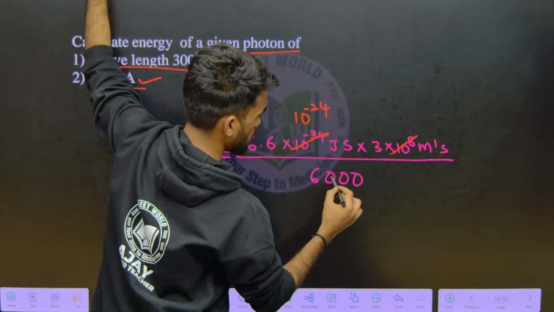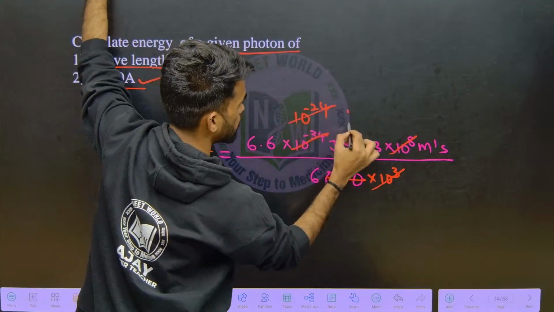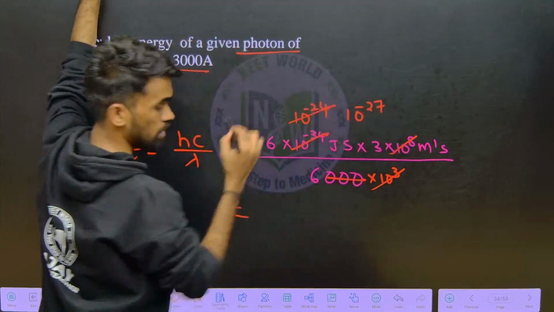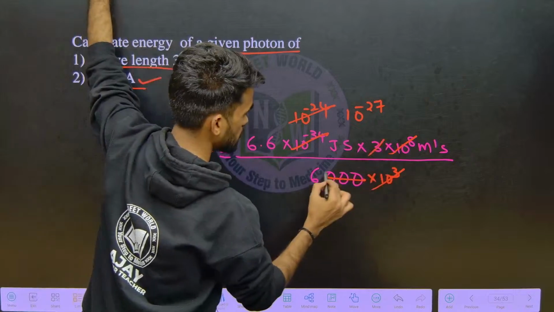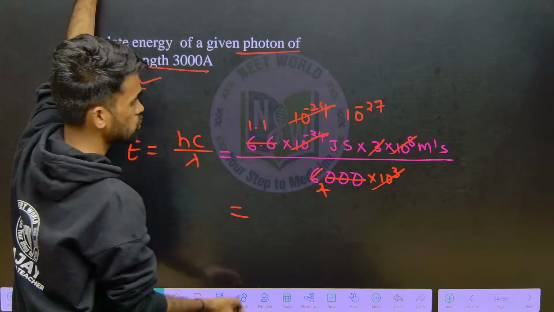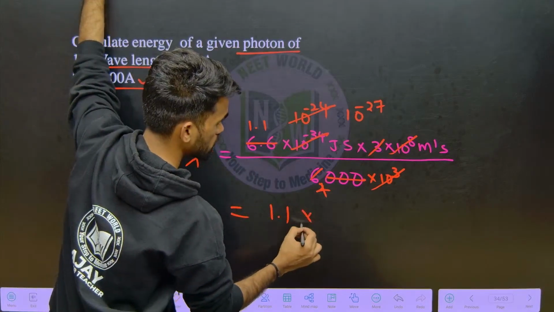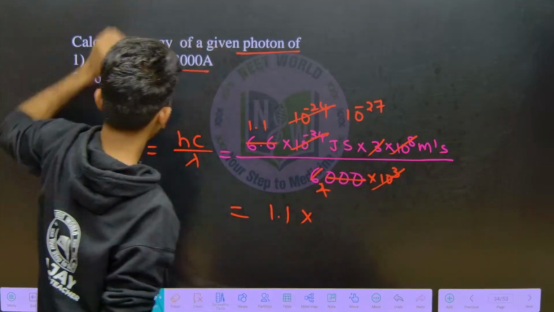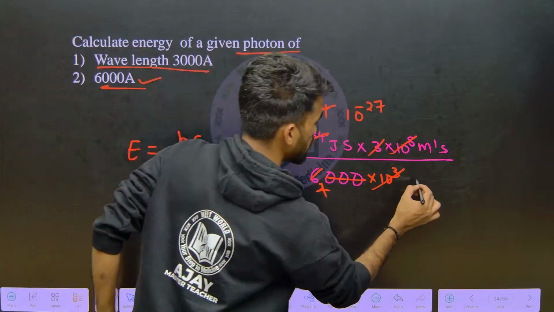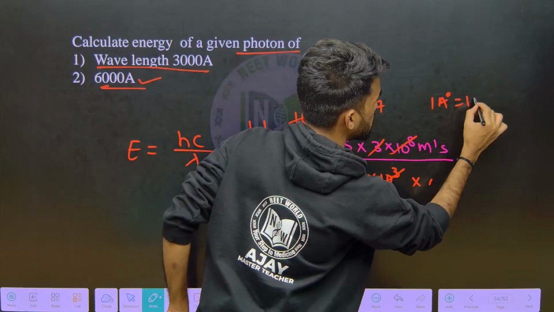Now I can remove these 3 zeros, so it becomes 10 power minus 24 plus 3, 27 I can write. This is 2 times and this is 1.1 times. So how much did we get? 1.1 into... they have given the wavelength in terms of angstroms, so I can write this in terms of angstroms. So 1 angstrom is how many meters?